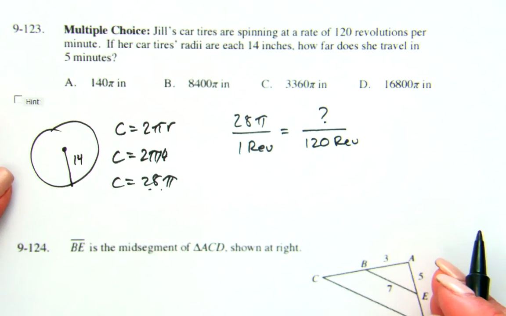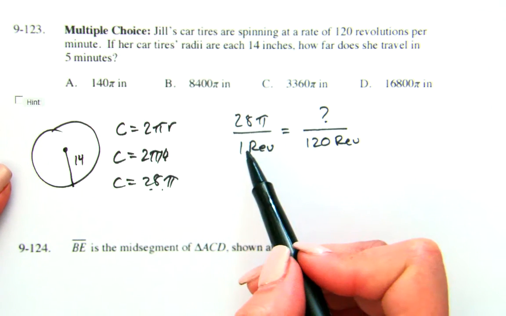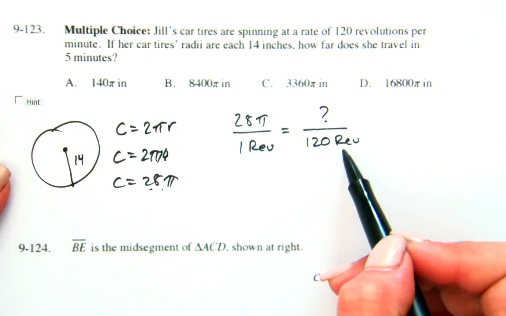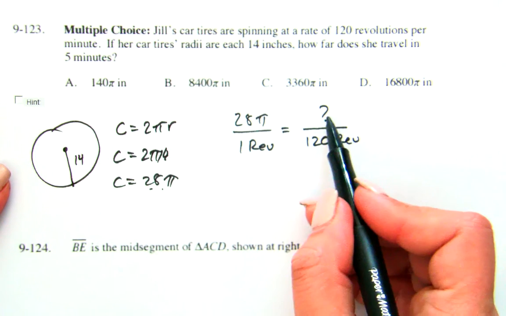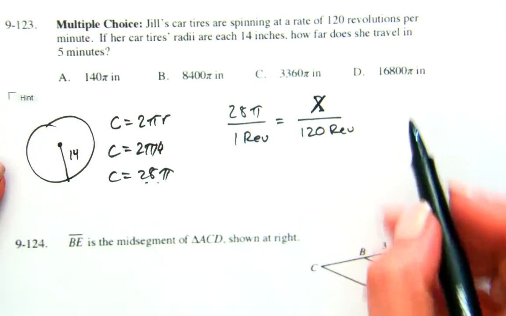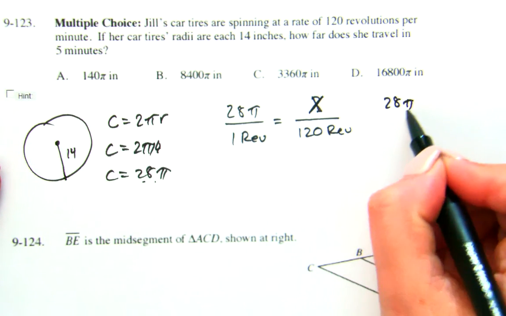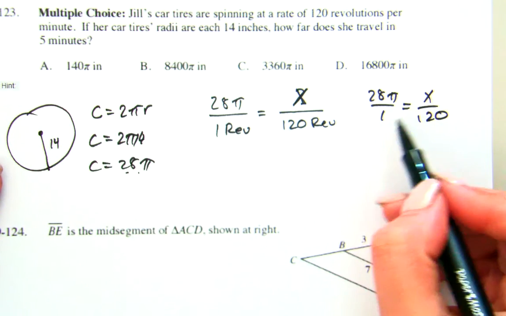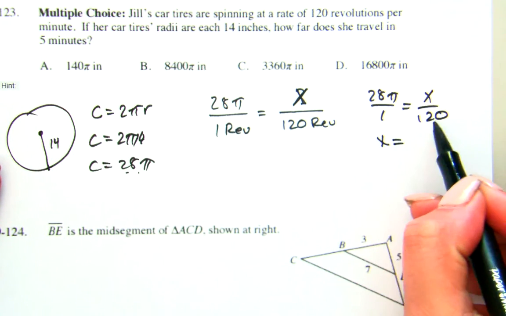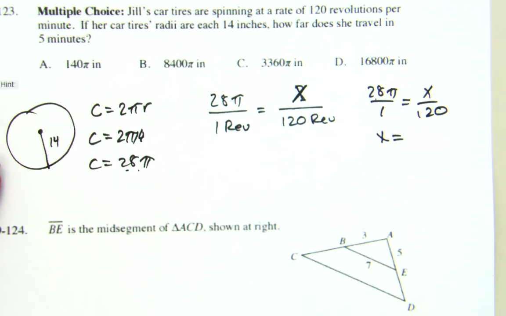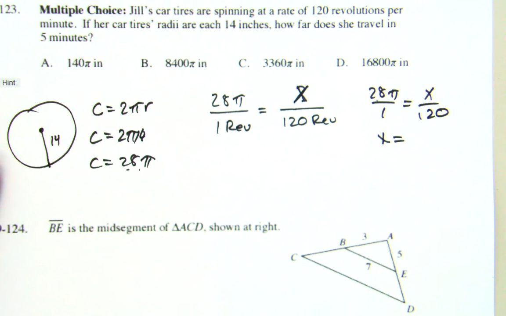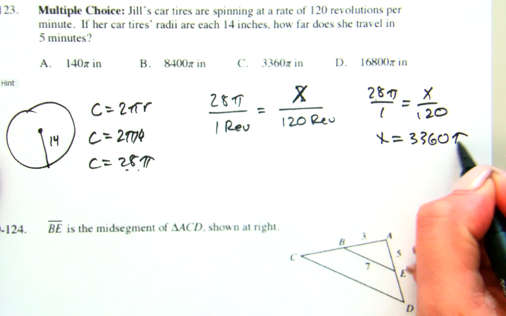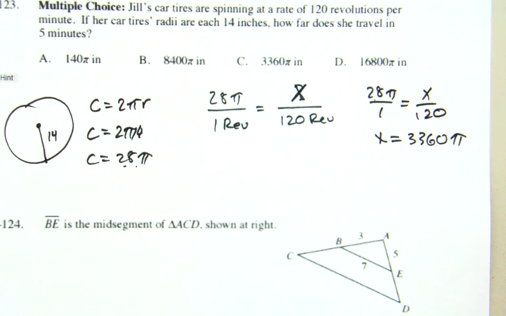That's the question. Oh, you're just cross multiplying. So 28 pi times 120, and solve for x, basically. So that's 28 pi over 1 is equal to x over 120. So x is going to equal 120 times 28. What in the world is that? 28 times 120 is 3,360 pi. Okay, that's 120 revolutions.